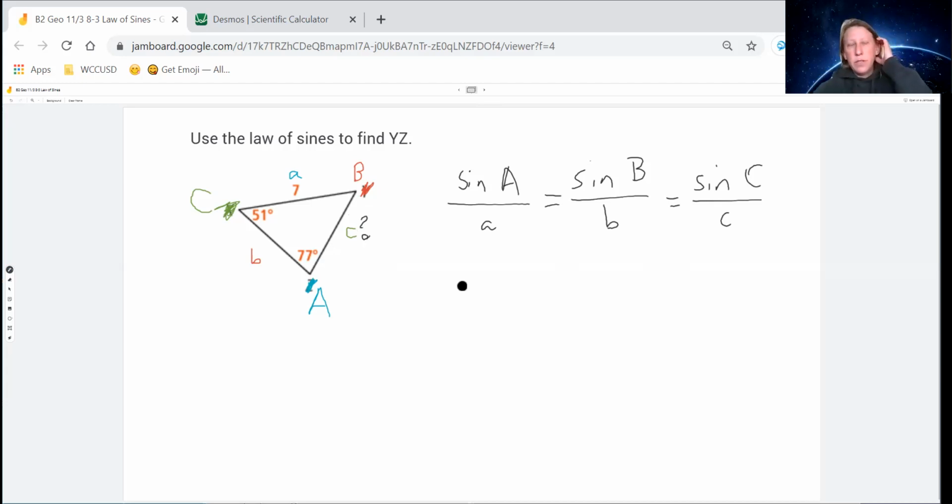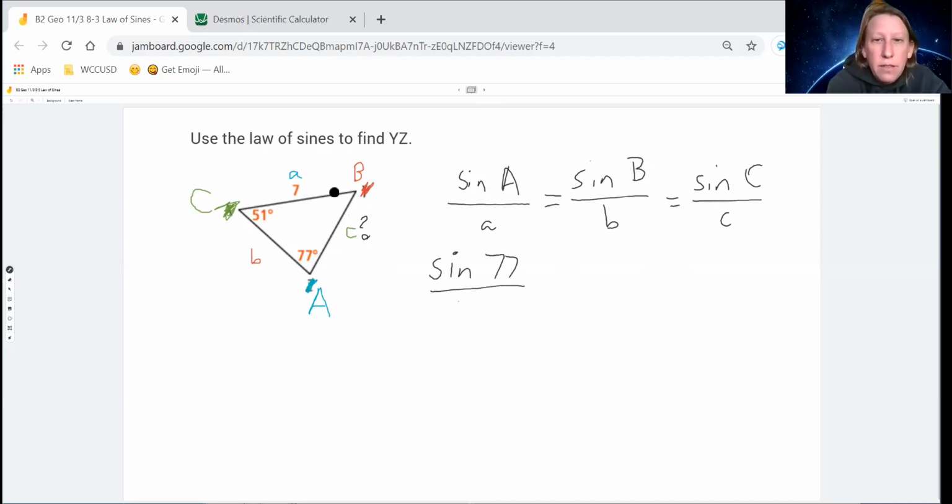Okay, so here's how I set it up. I know that the capital letter represents an angle measure. So instead of using A, what am I going to use? I'm going to use 77. So the sine of a 77-degree angle goes with, what's the side length for A? How long is A?